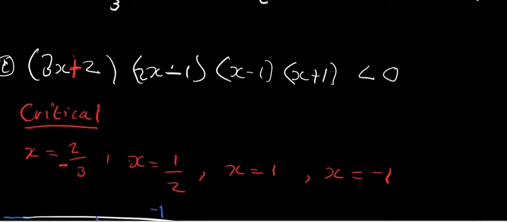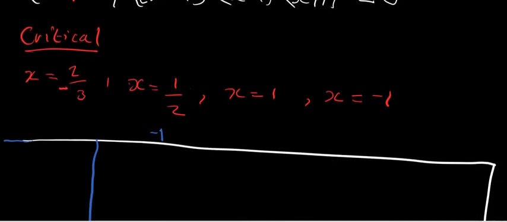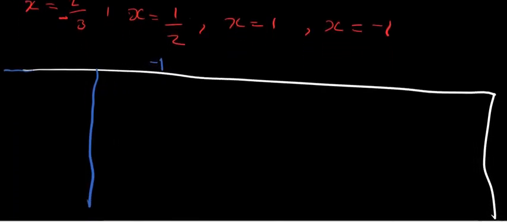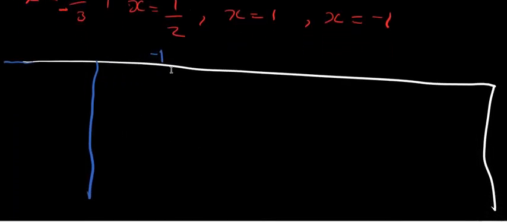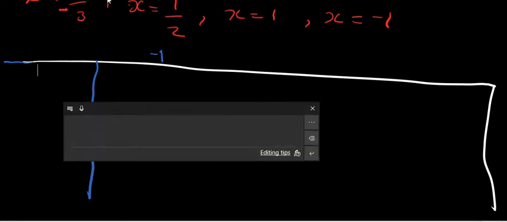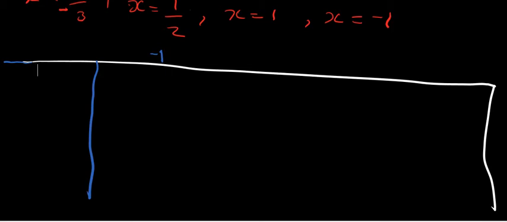I'm finding challenges in drawing these lines. Okay, so this is my first stationary point. The stationary point there will be like that. Then the next one has to be negative 2/3.